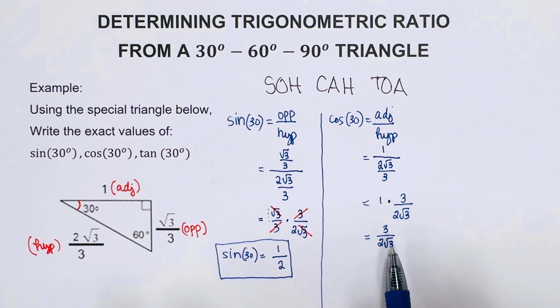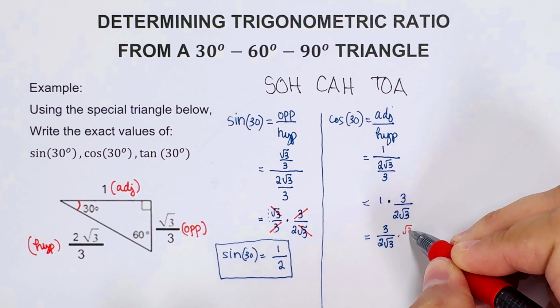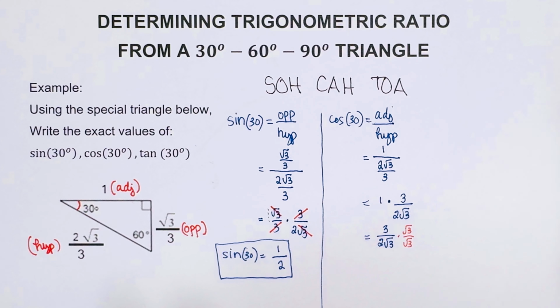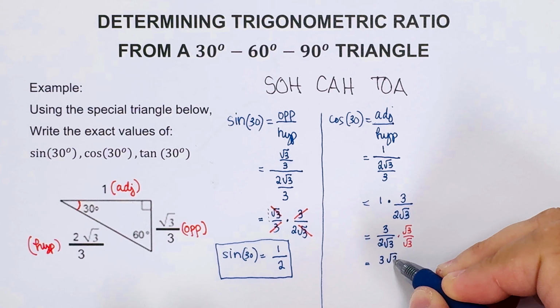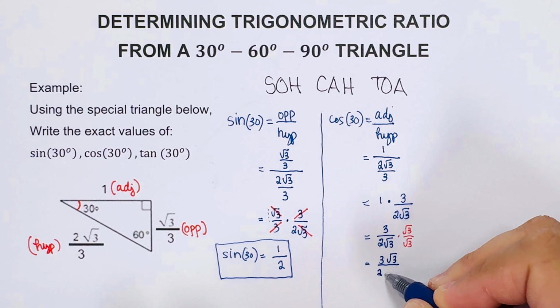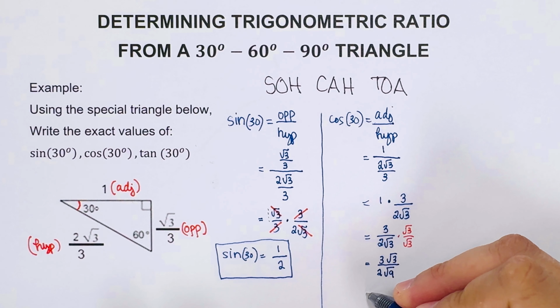Now, the radical, whenever it's in the denominator, we need to rationalize it. Rationalize means it should not be sitting there. So what am I going to multiply to both top and bottom here? Square root of 3 over square root of 3, because I need to rationalize it. So what is left here? So this comes out square root of 3 over 2 square root of 9. Because you have 3 times square root of 3 times square root of 3 is square root of 9. What is square root of 9? 3.